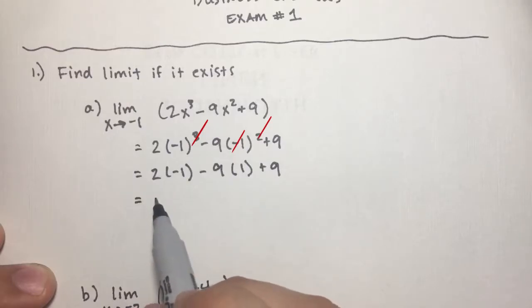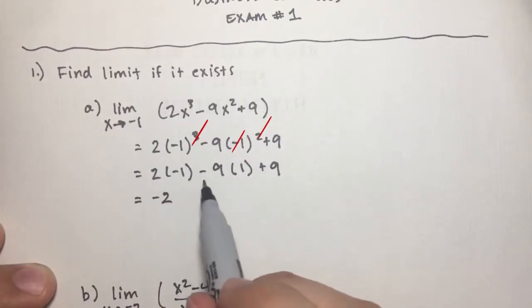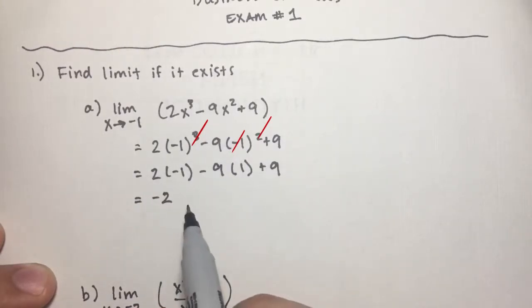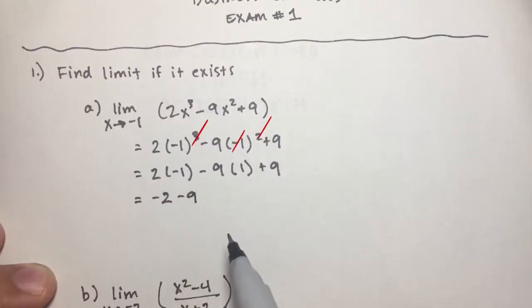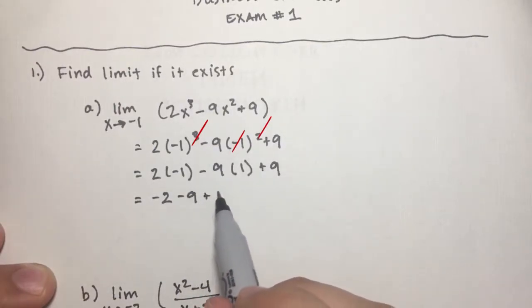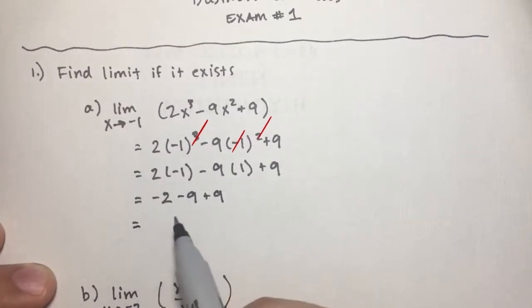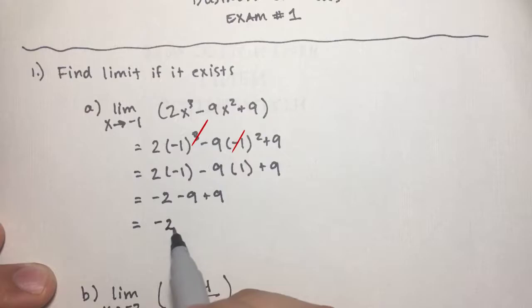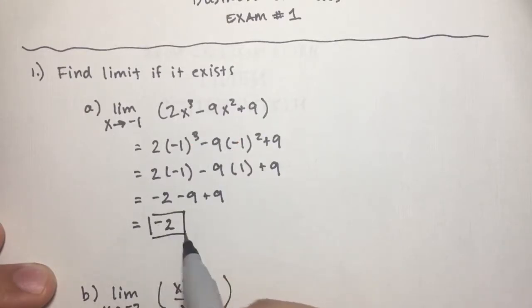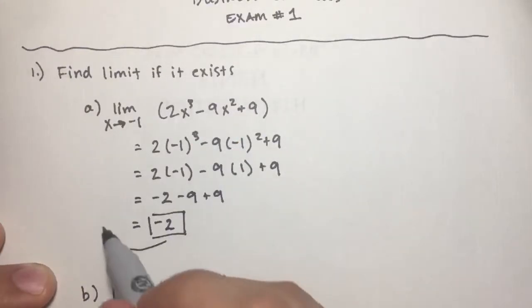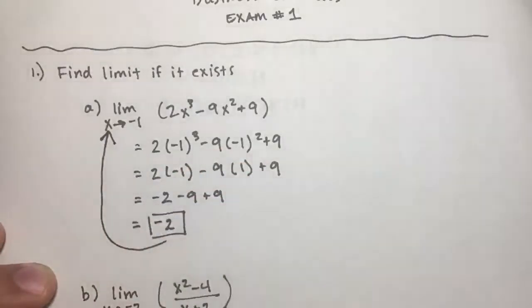So we have 2 times -1, which is -2, minus 9 times +1. It's going to stay -9, and then plus 9. Alright, and then -2 minus 9 plus 9 will give you -2. And that is your answer for A.